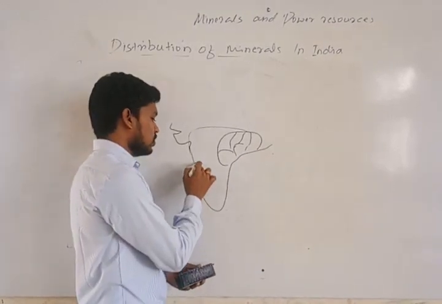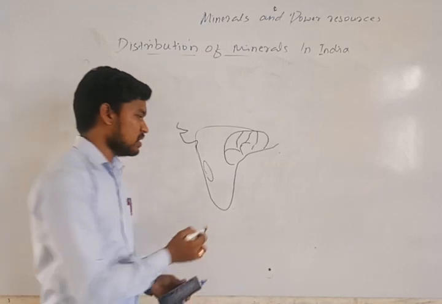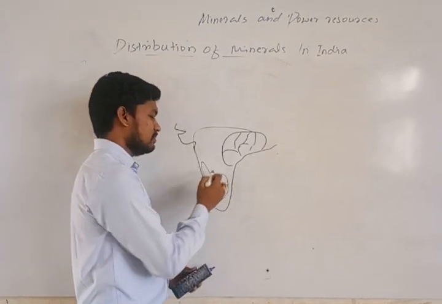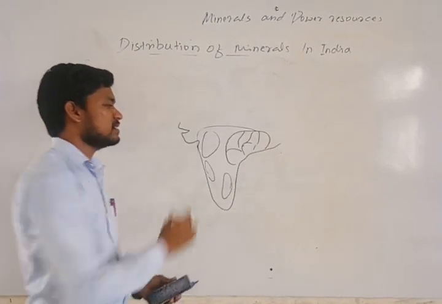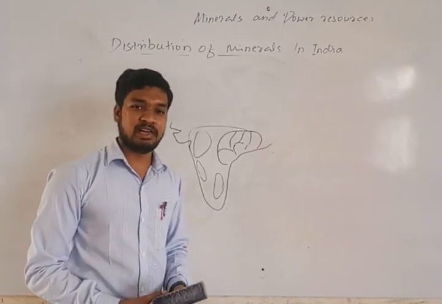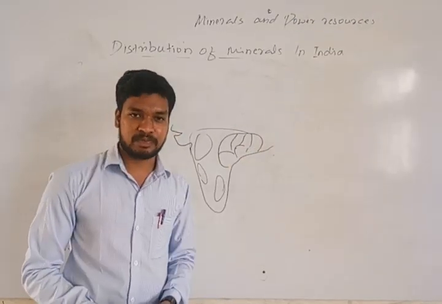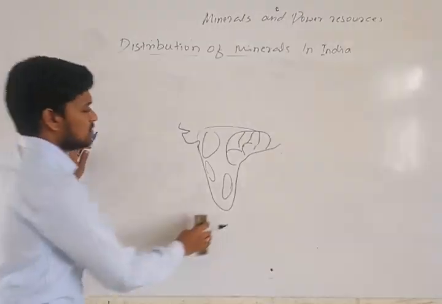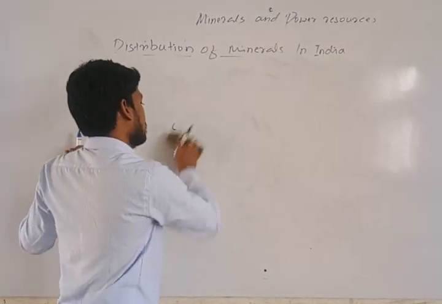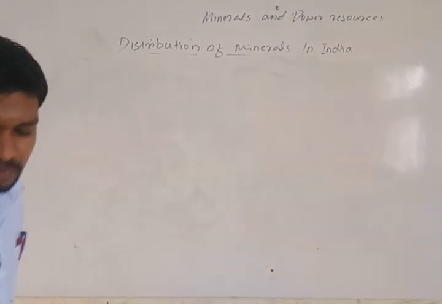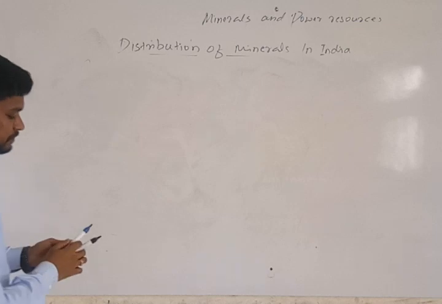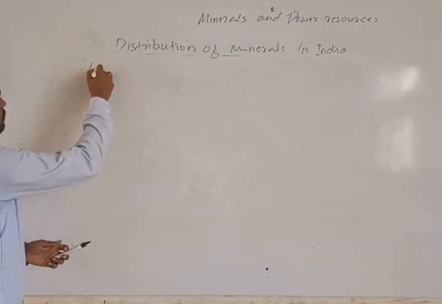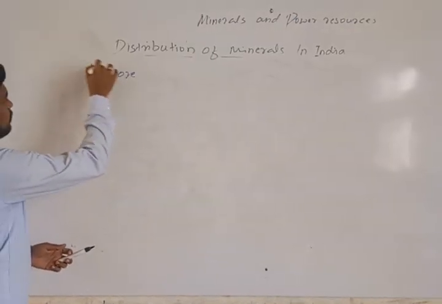And we even get gold in Karnataka, iron ore, and in some parts of Tamil Nadu and Maharashtra you get other important minerals, but here it has more deposition. So we will discuss mineral wise, like iron ore.